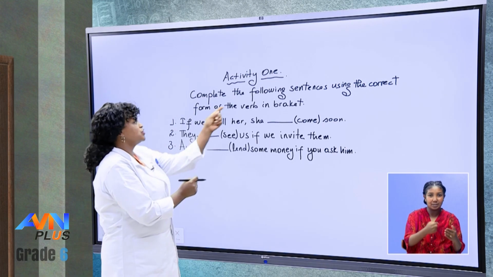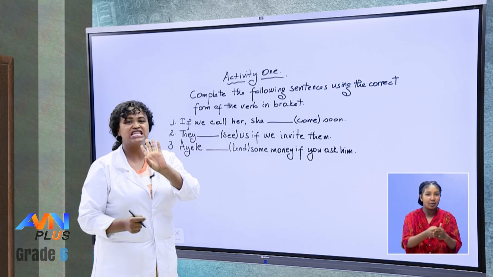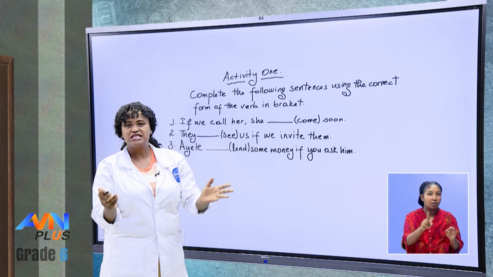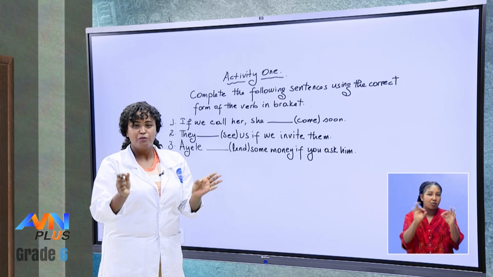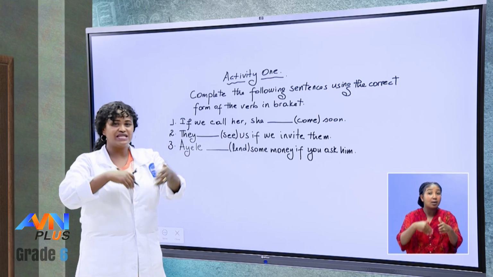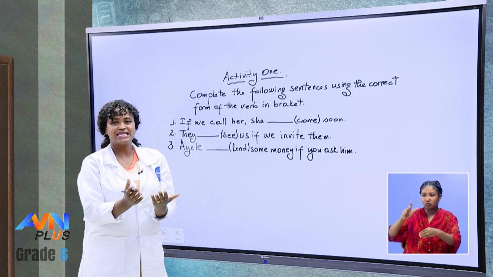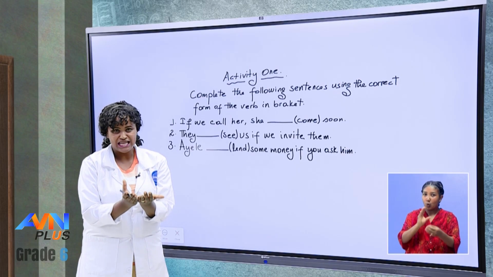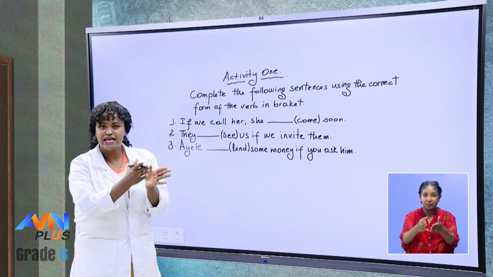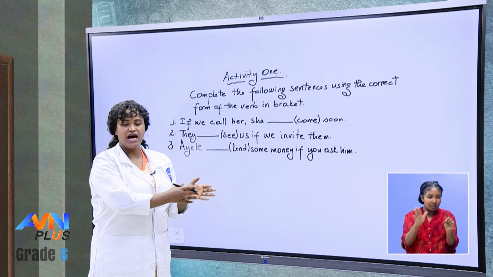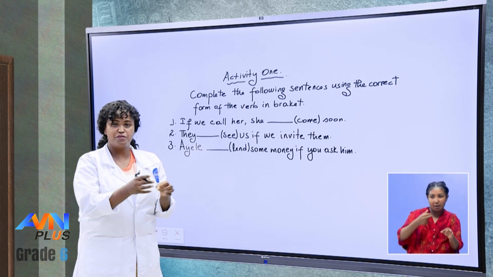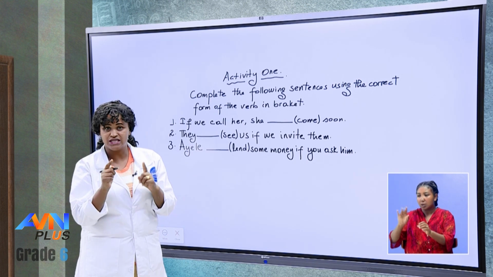Maybe this time, because we are talking only about conditional sentence type 1, you might not hesitate to put the form. But later on, you will see the other conditionals. So at that time, when a conditional sentence is given, give attention to the complete sentence. Either it is the if clause or the main clause, it doesn't matter, before you answer, okay?